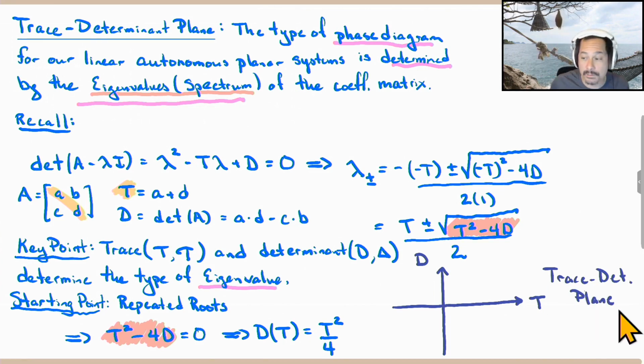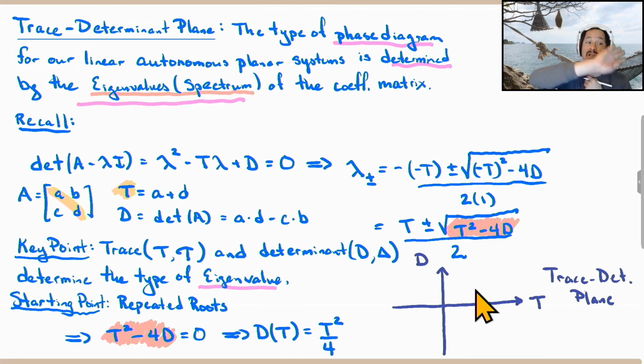And so I'm going to harp on this just a little bit more. This is the trace determinant plane. Every point in this plane corresponds to some matrix that has this specific trace and this specific determinant where my cursor is. Okay? This is not a phase plane. Every point on this trace determinant plane corresponds to a phase plane.